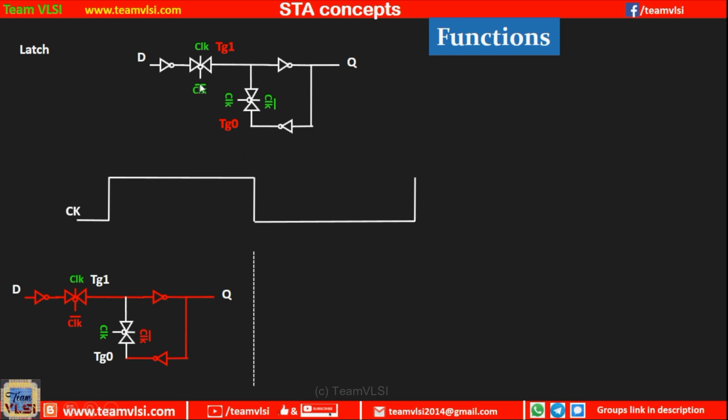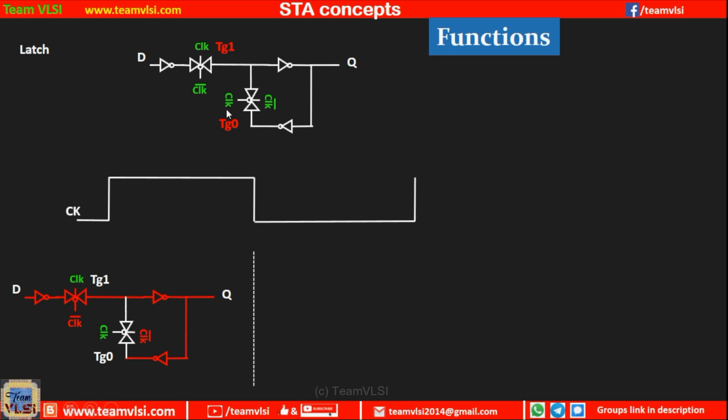So when the clock is high, you can see here this transmission gate is going on. Why? Because this high clock is going to the NMOS, and clock bar, which is at the same time low, is going to the PMOS. So this will turn it on.